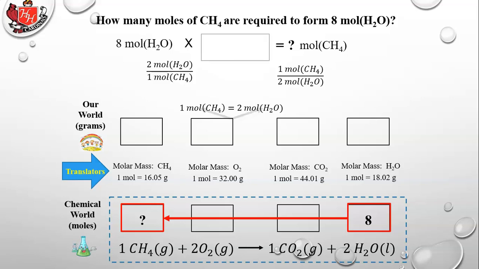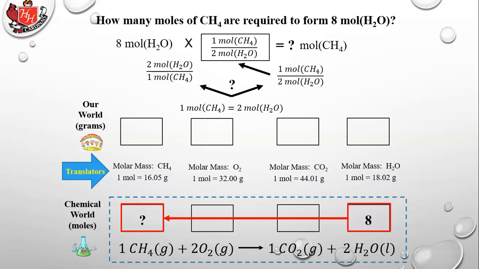So now we have to ask ourselves, which of those goes in that box up above? So think about it. Which one are you going to put in that box? You need moles of H2O to cancel and moles of CH4 to appear in your final answer. So the answer is, it's going to be the one on the right. 1 mole of CH4 over 2 moles of H2O. Again, why is that?